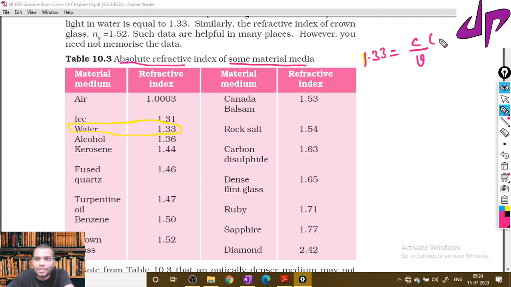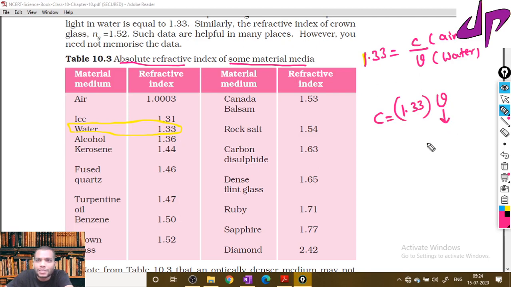Here c is air medium and v means water medium. Now, if we say it in words, the speed of light in water is 1.33 times less than the speed of light in air. Because if you do the cross multiplication, c equal to 1.33 times v, you can get it.